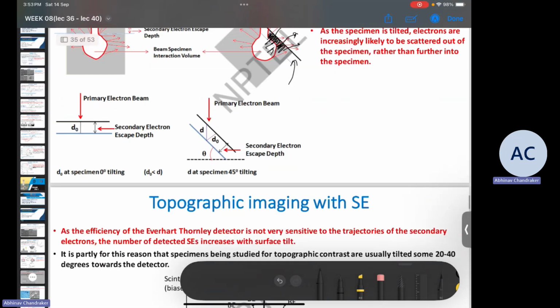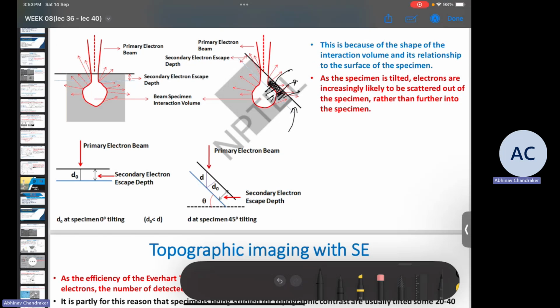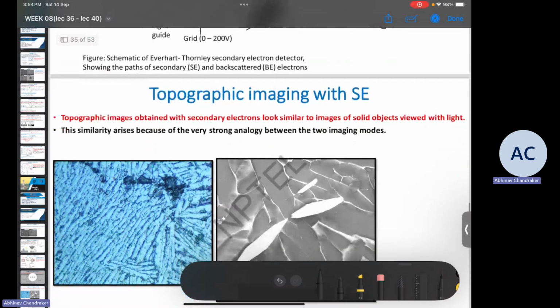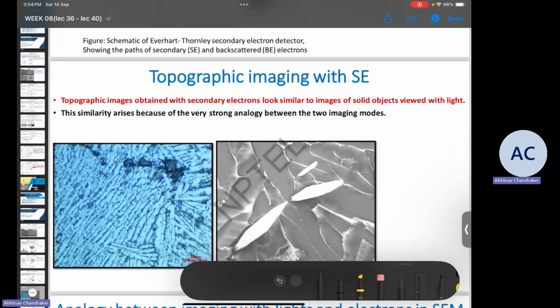Now that we know the effect of tilt on the electron yield, we can use a detector which counts the number of electrons that are reaching it, and for the tilted portion, that is the hills on the specimen, more electrons will get generated, more electrons will get detected, and as a result the brightness in the image for those regions which have hills will be higher, while for the valleys correspondingly fewer electrons will be able to come out, and as a result they will appear darker in the image. And using this phenomenon we can generate the topographic contrast in SEM images.